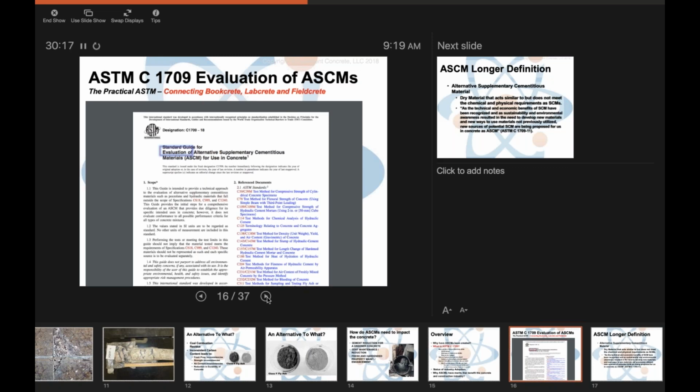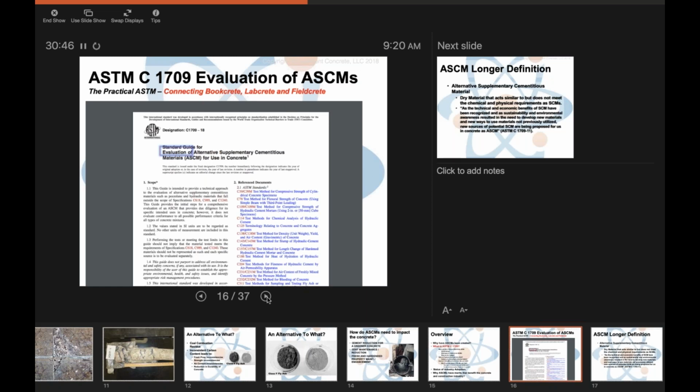And the first page and the second page on the right-hand side spell it out beautifully for you, if you had any questions on how to use this data set and how to interpret it, if you're in one of those places where you're running out of your Class F fly ashes and you can't get your silica fumes, your slags, or your metakaolin. So 1709 is published. It has the 2018 version, and it is available on the ASTM website.